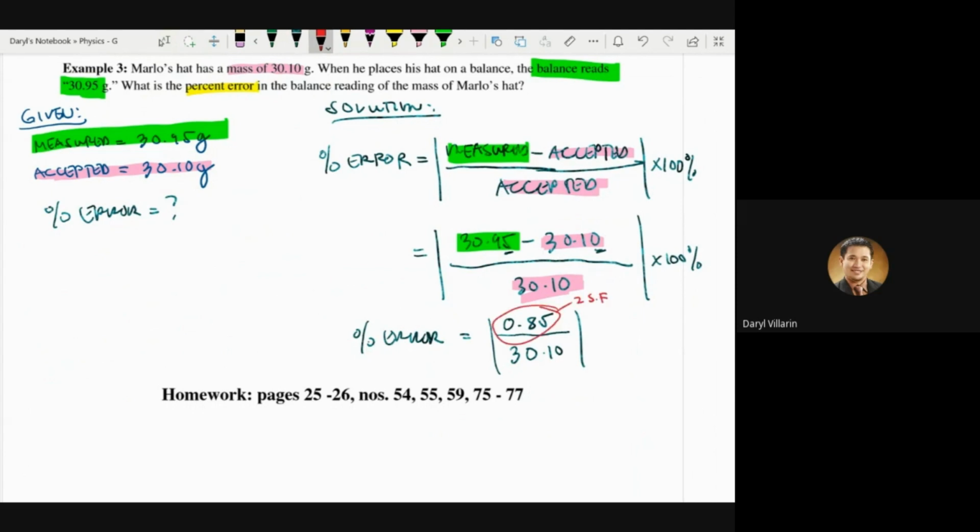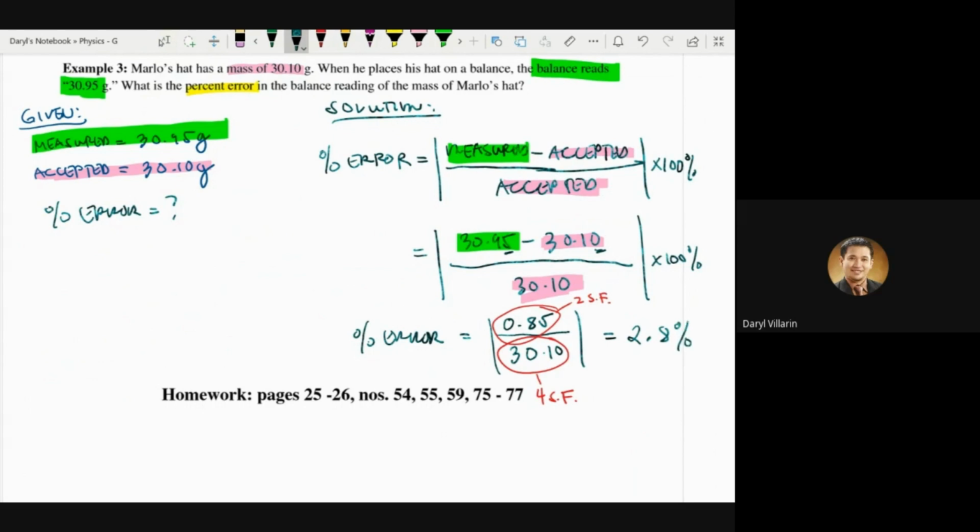This is 2 sig figs, and this has 4 sig figs. So the final answer, if you're dividing, should be in the least number of sig figs. It's not the number of decimal places, it's the number of significant figures. That is why when you divide this, it should give you a value of 2.8 percent.